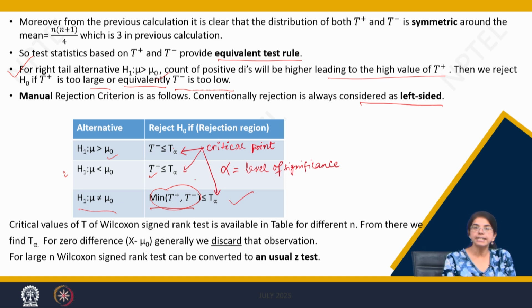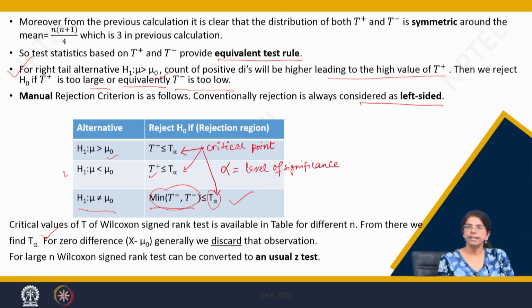So, these T alphas are all the critical points, and in the Wilcoxon table we will have these critical points. Critical values of T of the Wilcoxon sign rank test are available in a table for different n. From there we can find T alpha. Remember, for zero difference, X minus mu 0, generally we discard the observation, we just omit it.